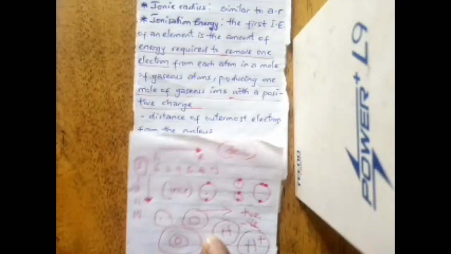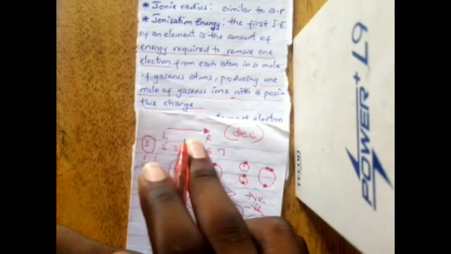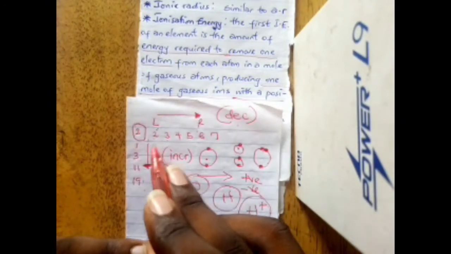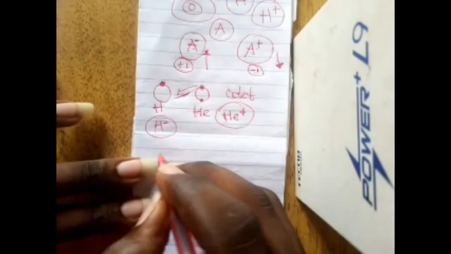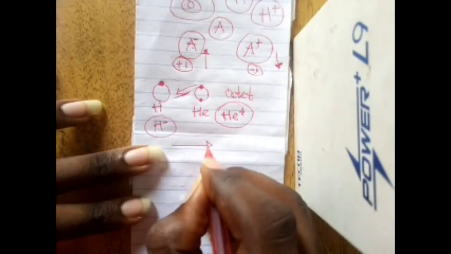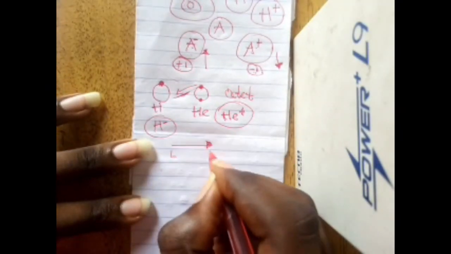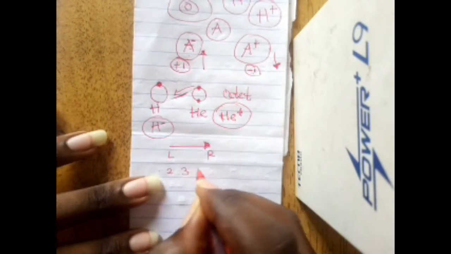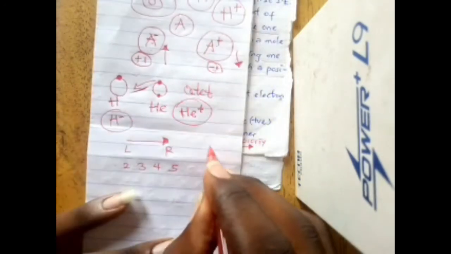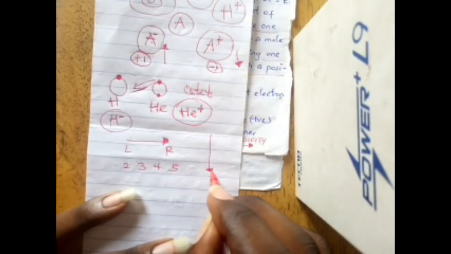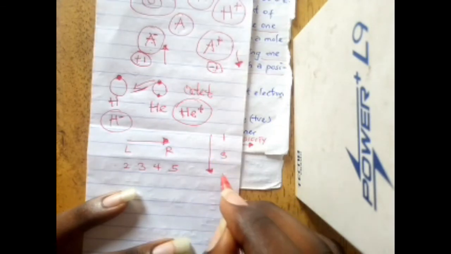Now moving from left to right of the periodic table, or moving from top to bottom, how does the ionization energy trend? Moving left to right across the periodic table, 2, 3, 4, 5. Moving from top to bottom of a group, 1, 3, 11.